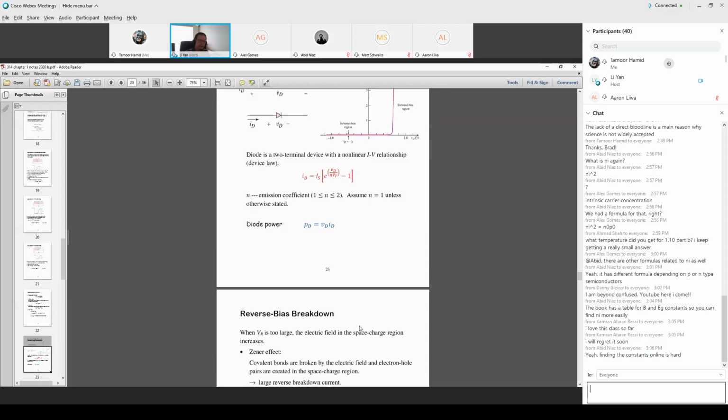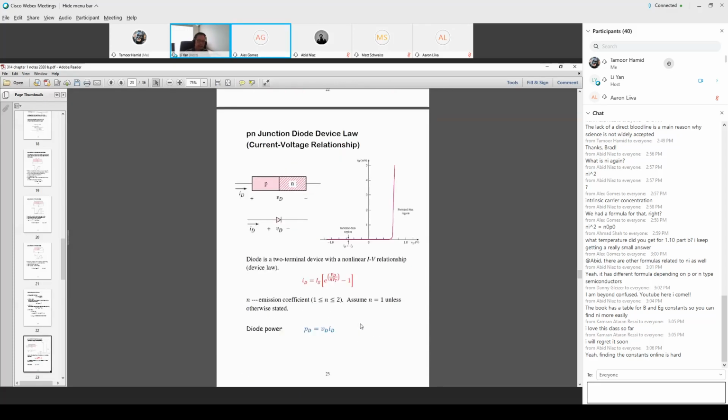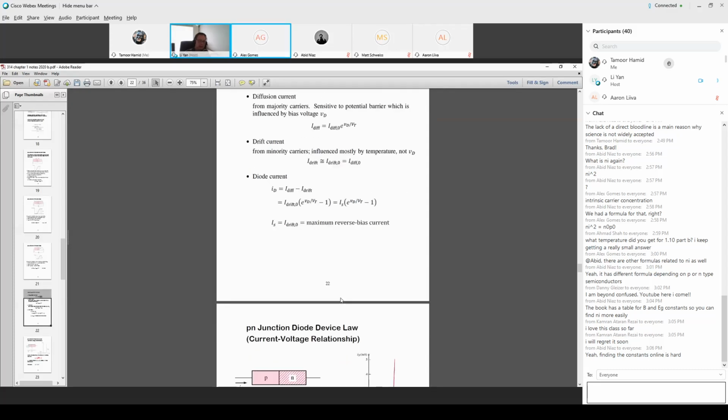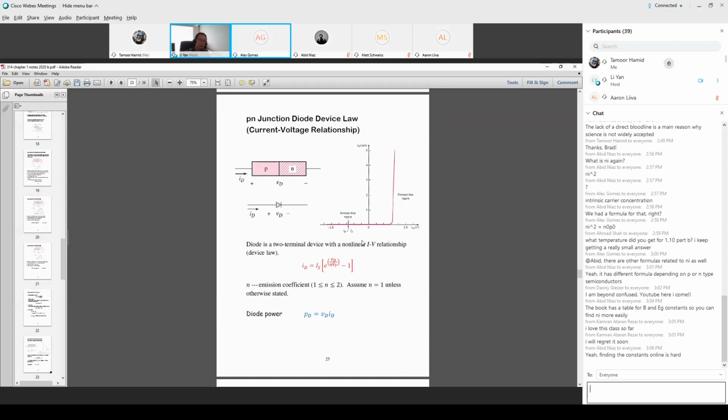Professor, can you say something about I_D being equal to the negative of the reverse bias saturation current on the graph? Almost there's no way I can resolve this, but let me use the mouse pointer to show you. In forward bias, you have a large current, and as you reduce the bias, the current reduces to very small.